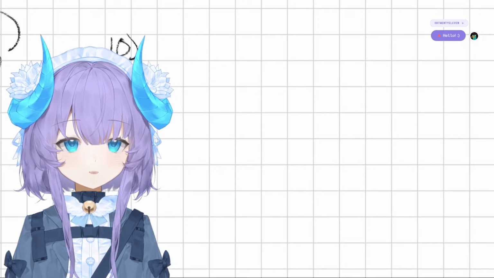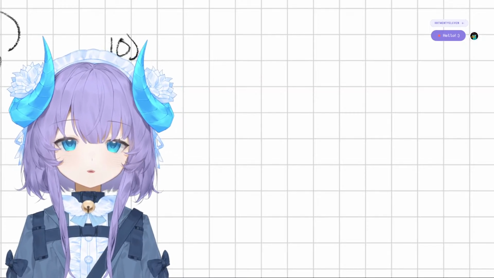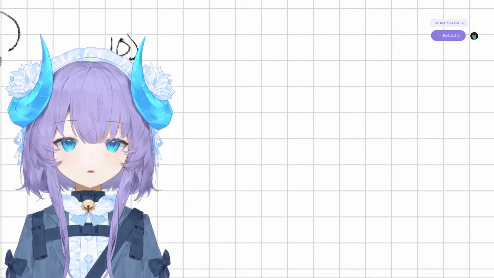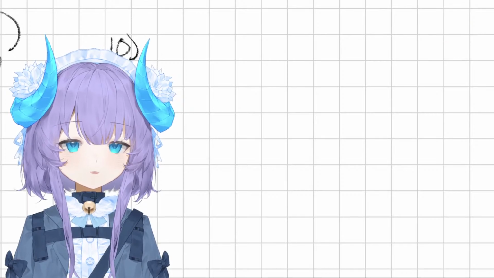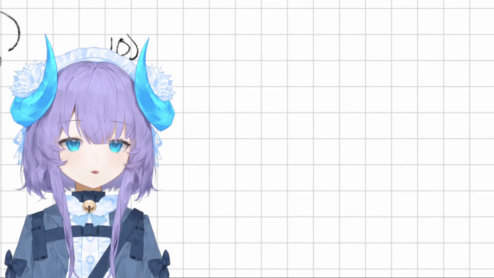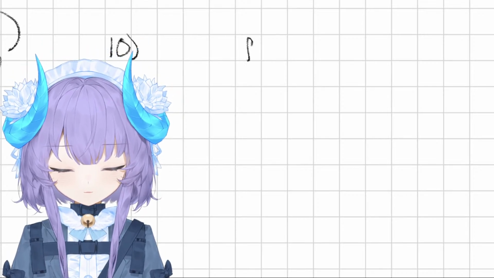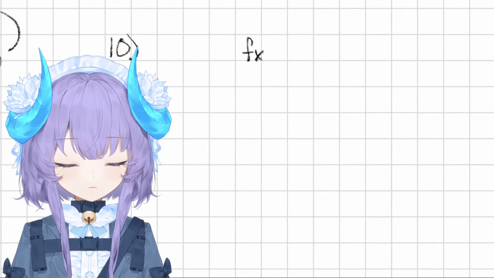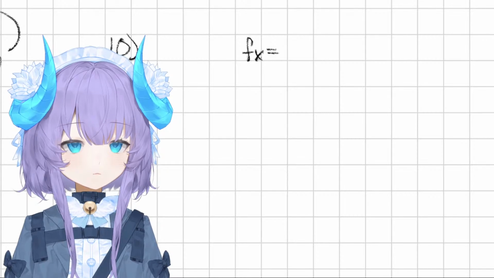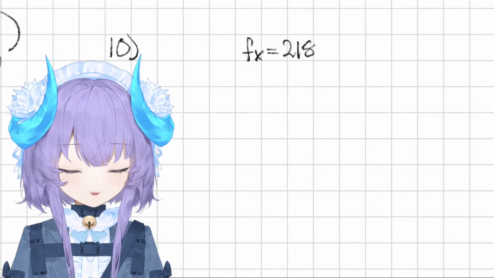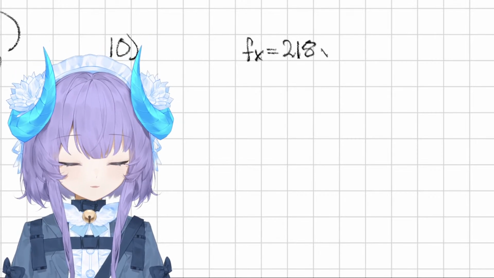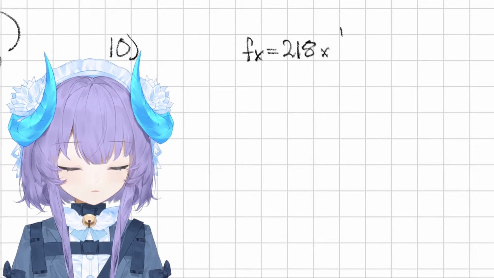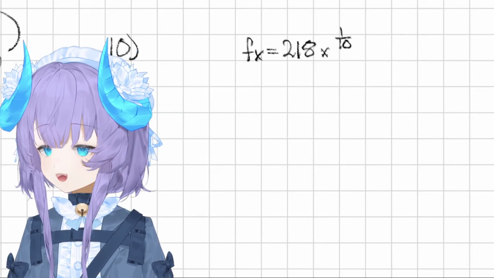The number of cellular telephone subscribers in a country from 2010 to 2015 can be modeled by f(x) equals 218 x to the 1/10.